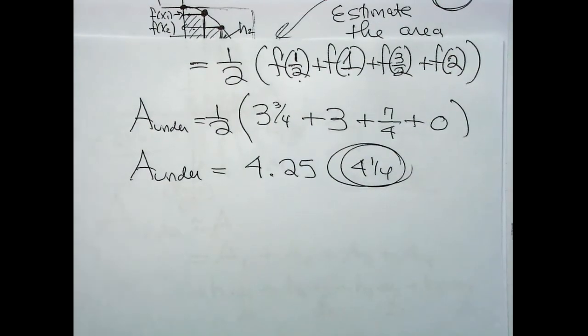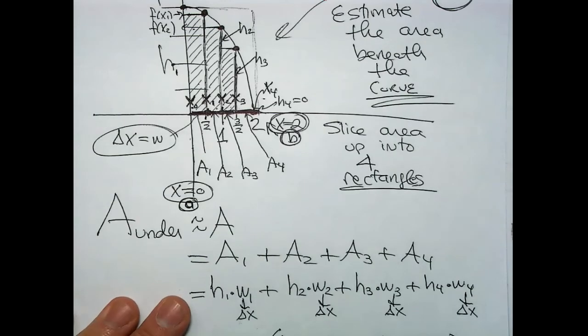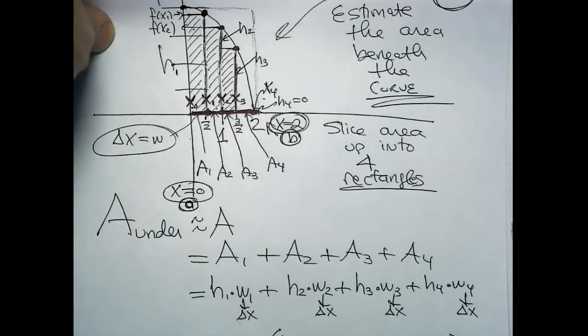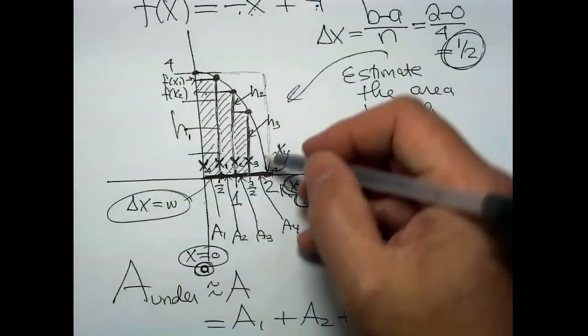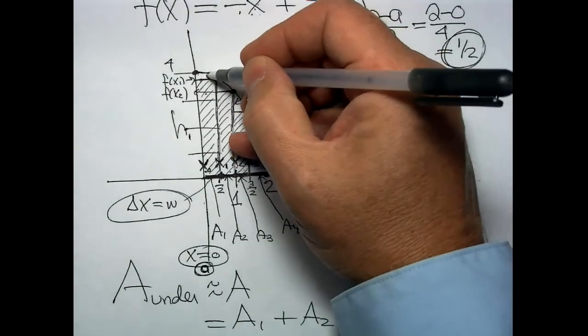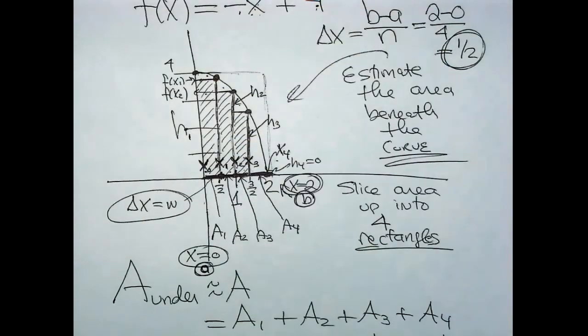Okay. Now we know that's an underestimate because if you look at the picture here, it's pretty clear that we have missed quite a bit of area. We've missed not only that end piece back here, but all these little white spaces were not accounted for. So we're missing stuff for sure. Therefore, I would call this an underestimate.